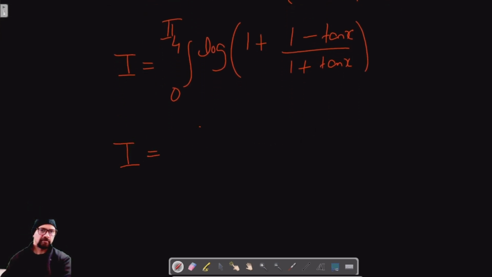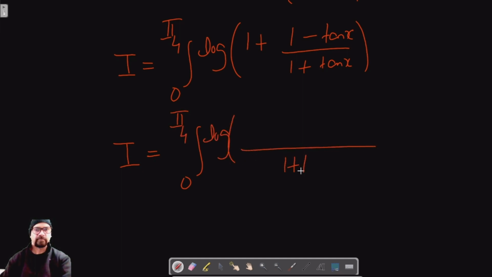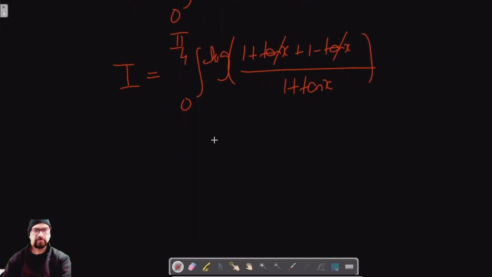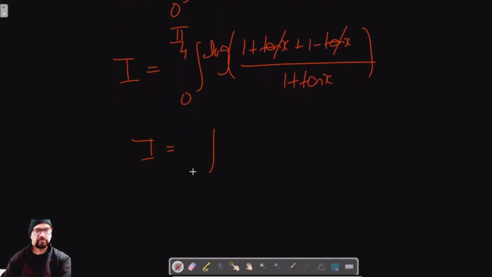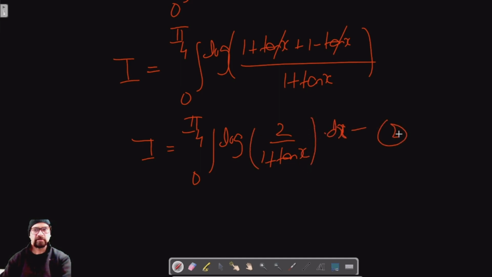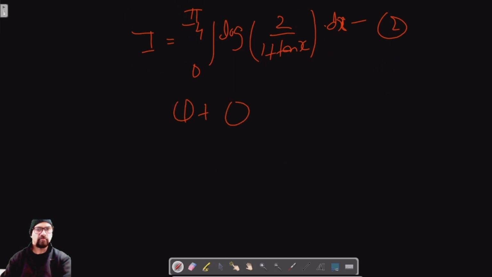So I is equal to the integral from 0 to pi by 4, and this is log of 1 plus tan x and 1 plus tan x plus 1 minus tan x. This gets cancelled. So finally, this is the integral from 0 to pi by 4 of log 2 upon 1 plus tan x. Let's say this is our second equation. We are going to add 1 and 2.